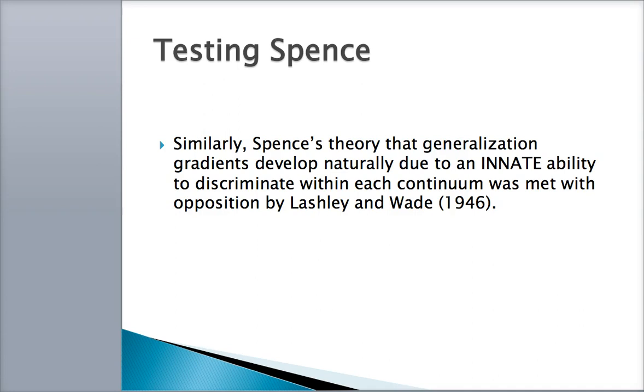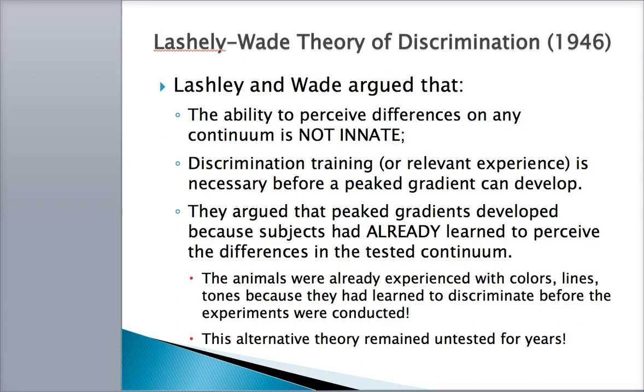They argued that the ability to perceive differences within any continuum is not innate, that discrimination training or relevant experience is necessary before you'll get a peaked gradient. They argued that peaked gradients developed in those single stimulus training studies because the subjects had already learned to perceive the differences in the continuum.